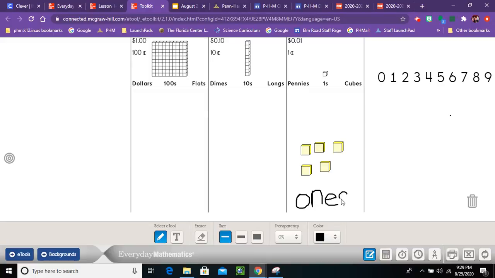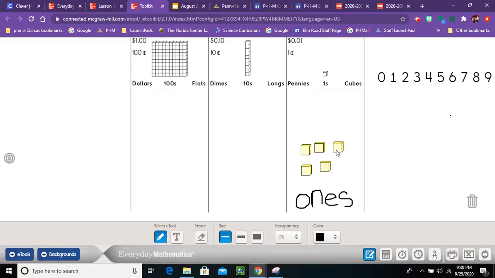When we write a number, whether it's a small number, a medium-sized number, or a large number, each number has its own space, and that's what we call place value. I've put some cubes in the ones area. How many cubes did I put in the ones place?